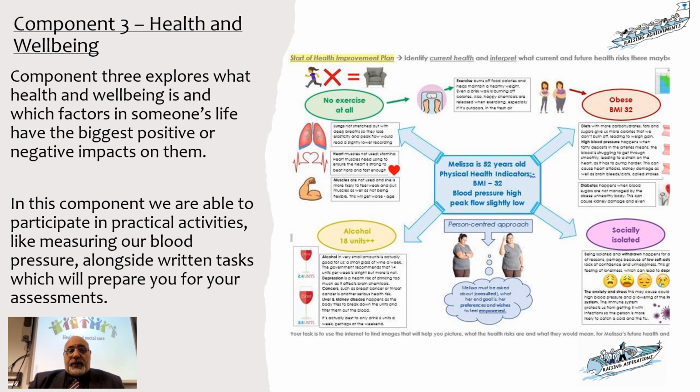From a well-being point of view, we look at the environmental factors, the financial factors, or even the cultural factors that affect our well-being. In this component, not only do we look at these factors, but we look at overcoming them, to stop them being negatives and turn them into positive factors that could enhance our life. So that's essentially what we look at in the course.